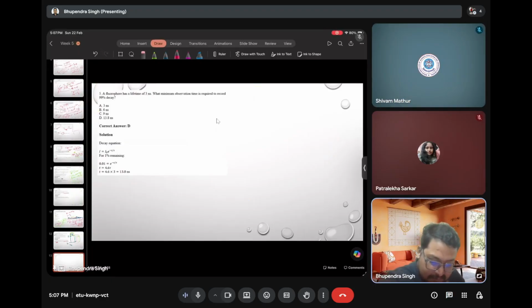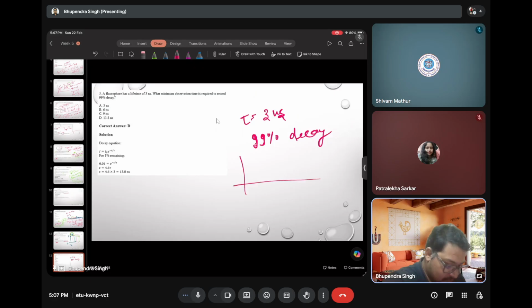The next question is: the fluorophore has a lifetime of 3 nanoseconds. What minimum observation time is required to record the 99% decay? 99% decay means, let's say it started from here, because 99% means all the molecules come down to the ground state, from S1 to S0, from here to here.